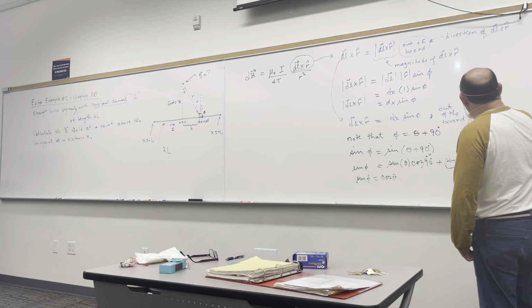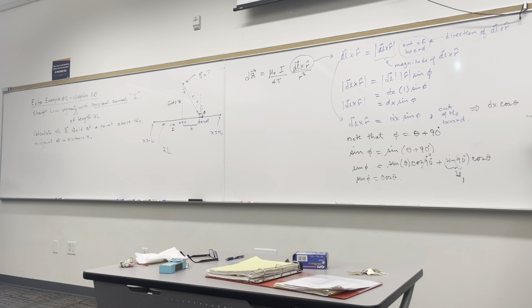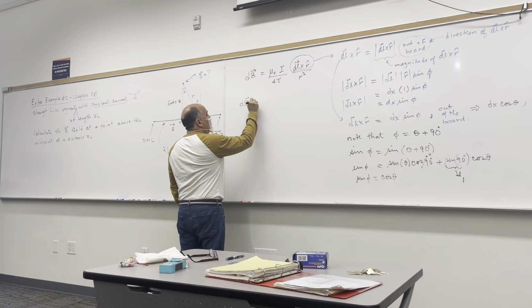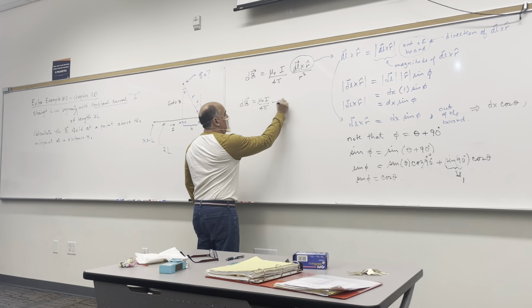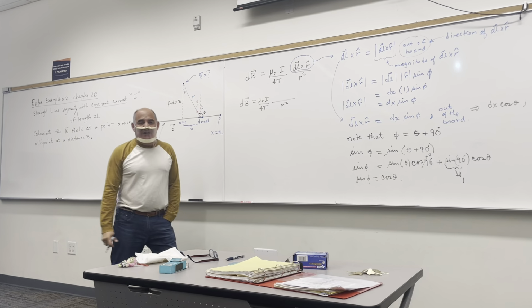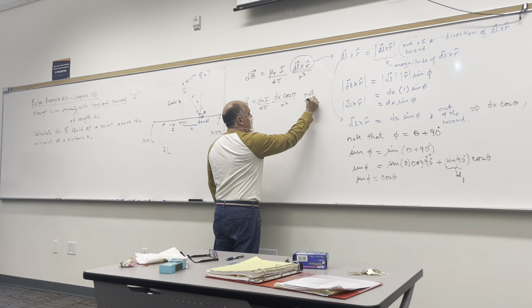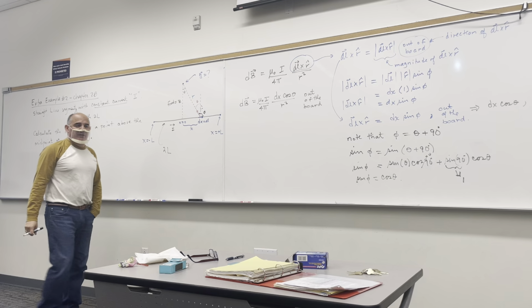So this becomes dx cosine of theta. So dB equals mu naught I over 4 pi, and then I have r squared in the denominator, but dl cross r hat is dx cosine of theta, and this cross product points out of the board, which you would be writing out of the paper, on your paper, because you're writing on your paper, not on the board.